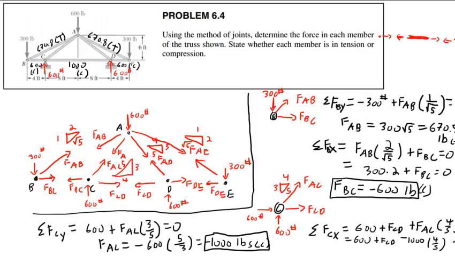So this is negative 800, positive 600, and those combine to FCD minus 200 equals 0. FCD equals positive 200 or tension. So FCD. Yes. No, wait a minute.